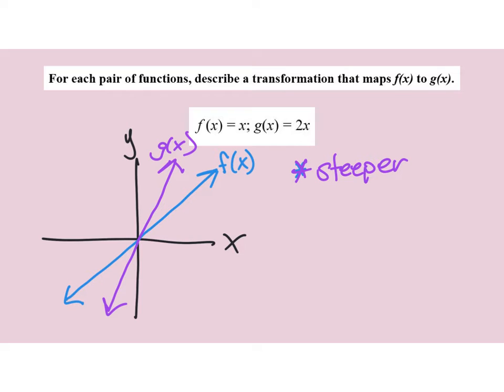So that's one way you can describe it. You can describe it as being steeper. The other way is whether it's horizontal or vertical, and we're going to talk about stretch and compression. I'm going to be dramatic here with my hands for a second. So imagine you have like a rubber band or a ring of some sort, right? And I'm holding it on the sides horizontally. And I stretch that rubber band.